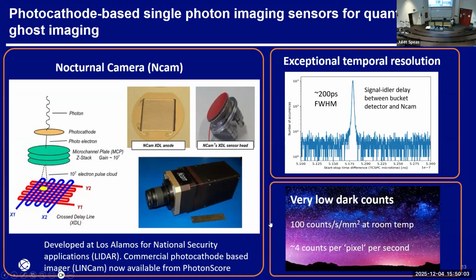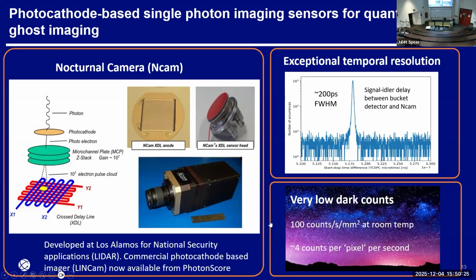And I can tell you about old technology versus new technology. But the key strength of this is, again, this exceptional temporal resolution. I told you it could tell when a single photon arrived with 100 picoseconds accuracy. This is a histogram of arrival times, a correlation between our bucket detector and our NCAM.